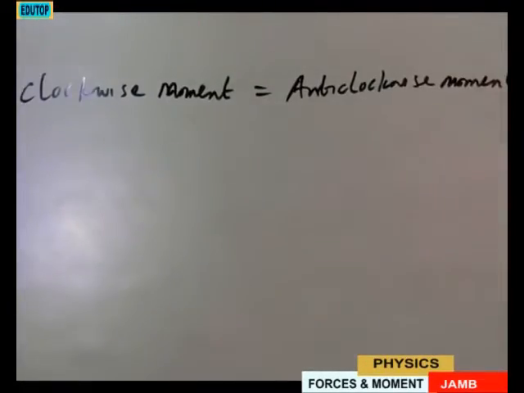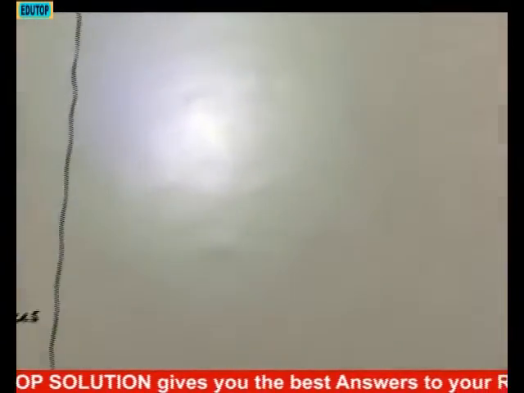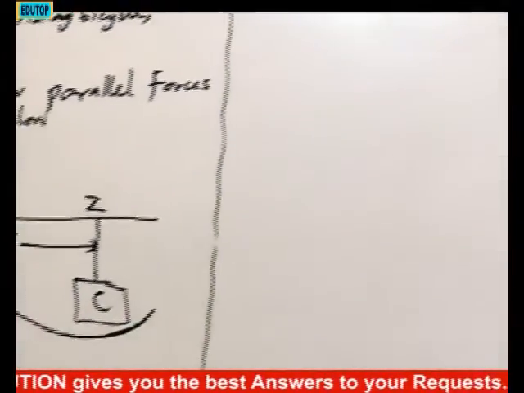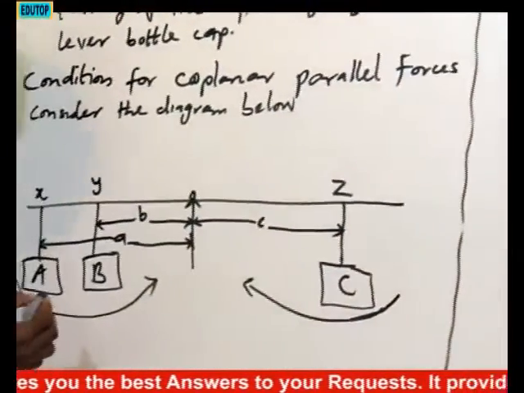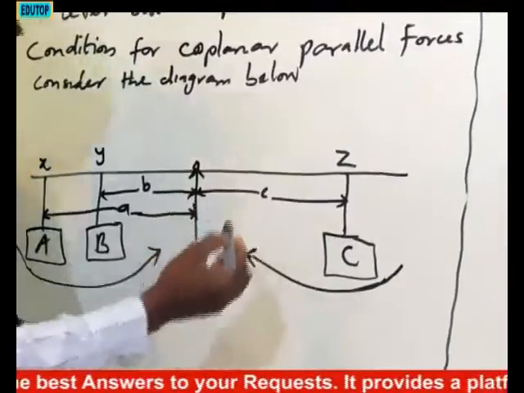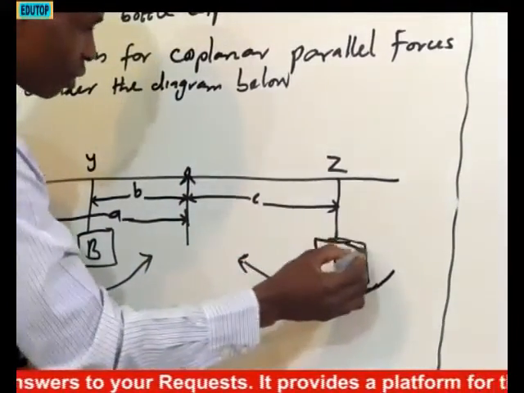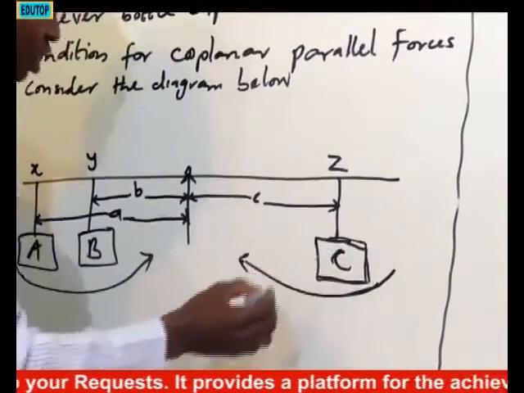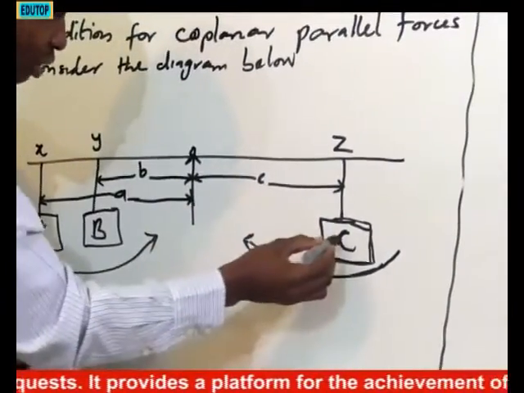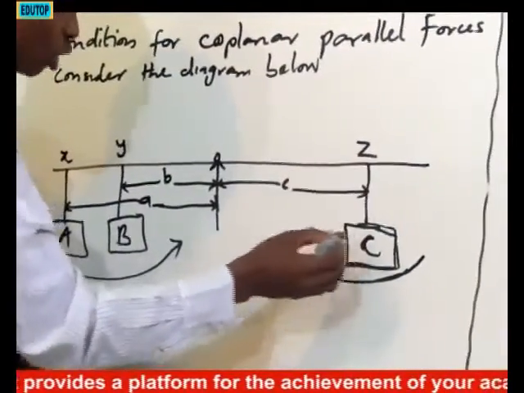If you look at the diagram, this is clockwise, this is anti-clockwise. For clockwise, we have the weight C, or it can be a mass that is hung on this body.